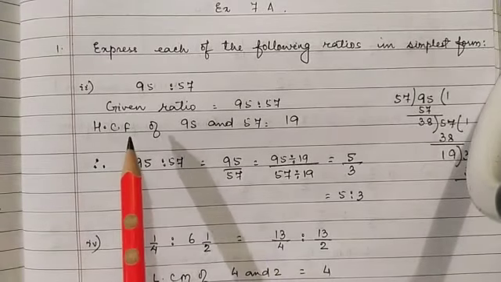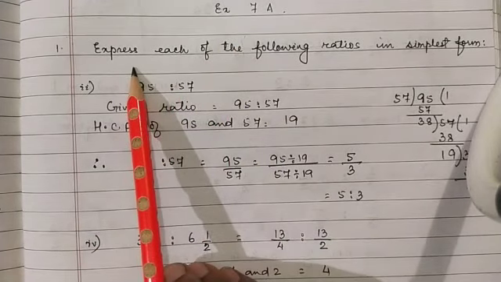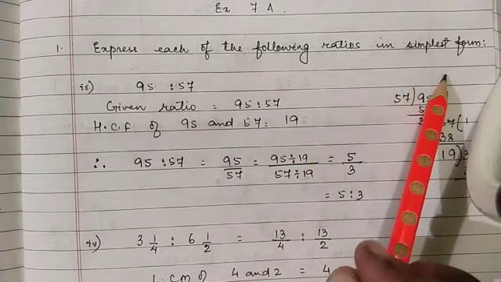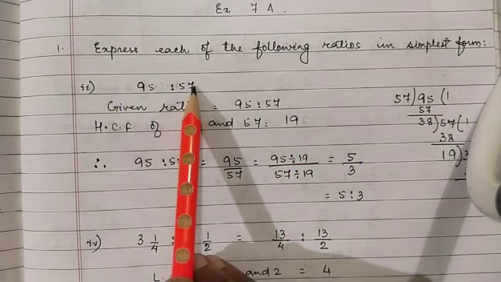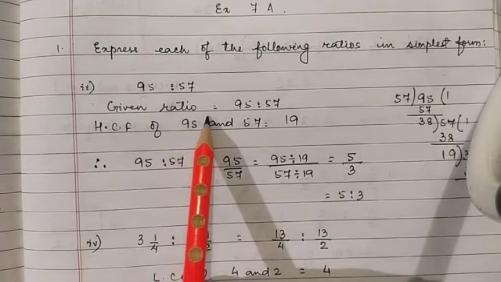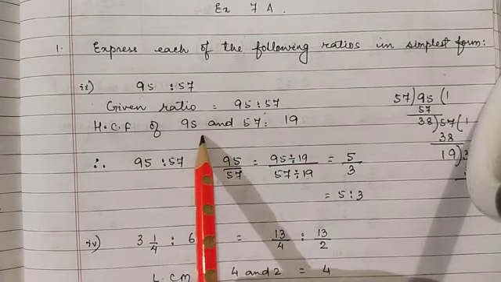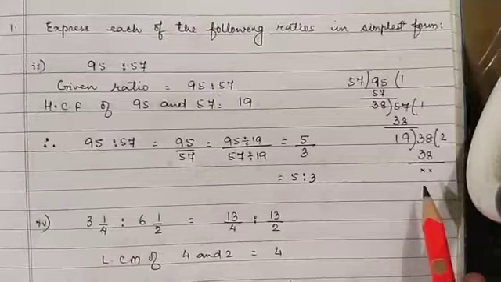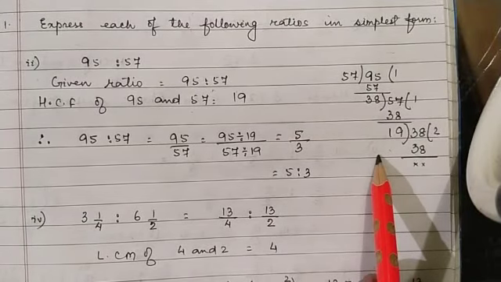Now coming to exercise 7a. Here the first question is, express each of the following ratios in simplest form. The second bit I have done, 95 is to 57. So first you write the given ratio 95 is to 57. Then write the HCF of 95 and 57. HCF we found out to be 19.